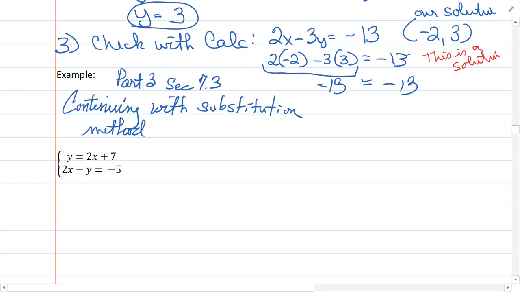So here we're going to still continue with the substitution method. And we've got one listed, so we're in good shape. This is in identity form.